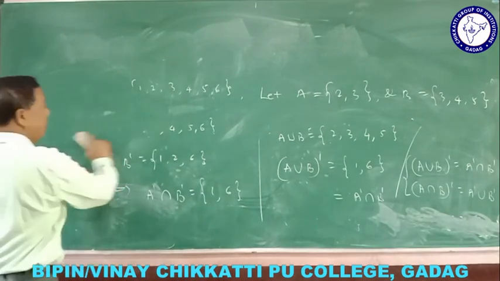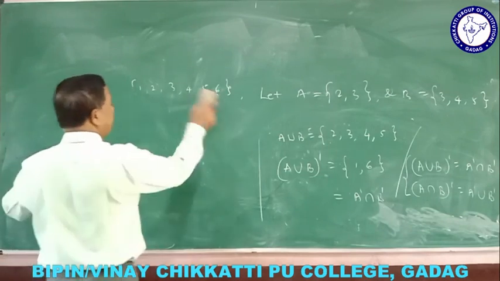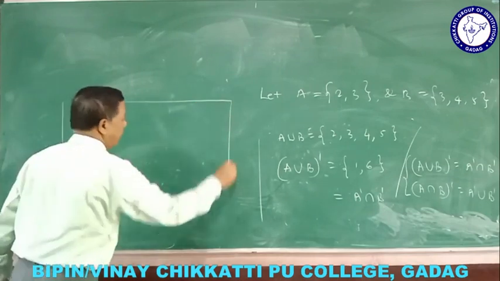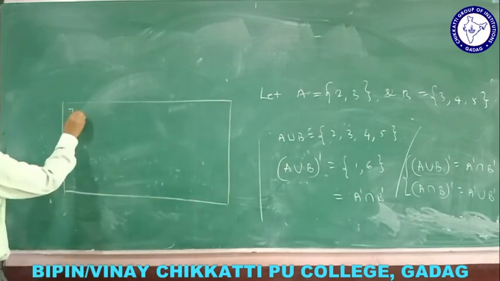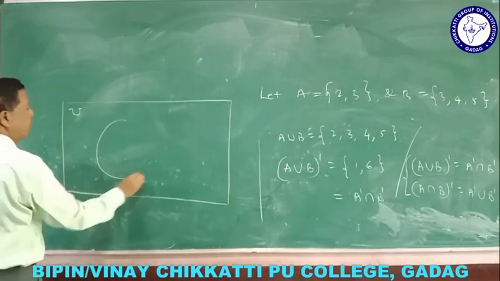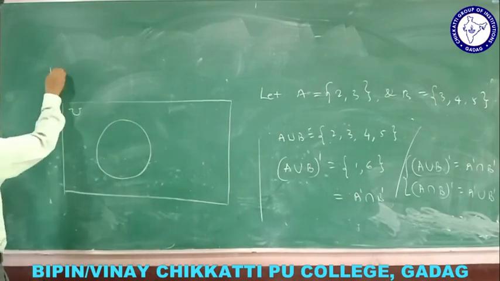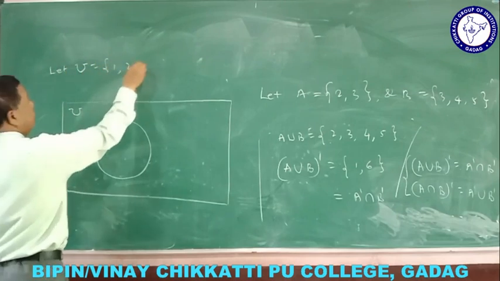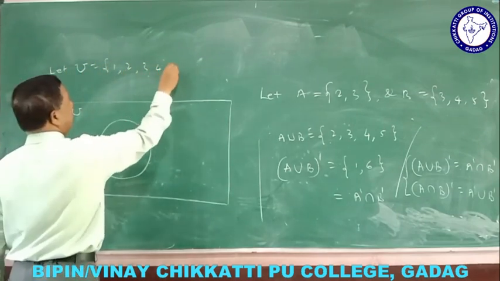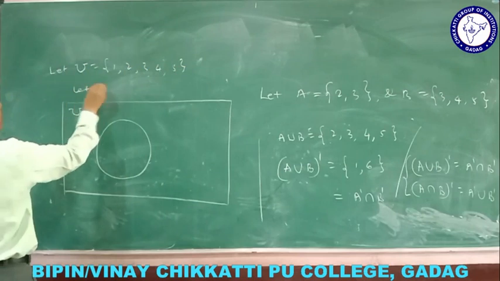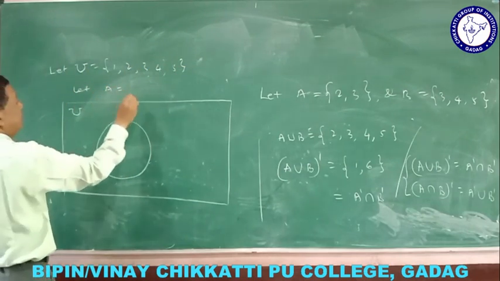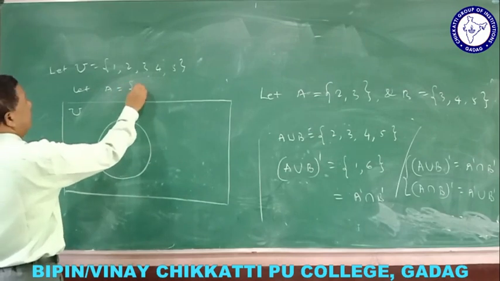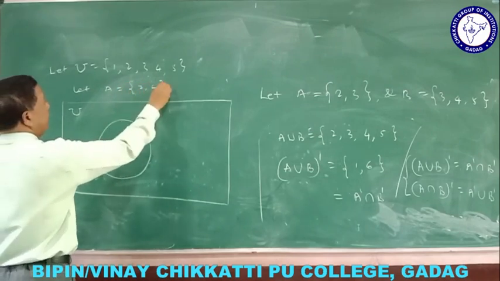So once again, so that you can understand, I want to represent complementation with a Venn diagram. Suppose U is equal to {1, 2, 3, 4, 5}, and let A be equal to {2, 4}.